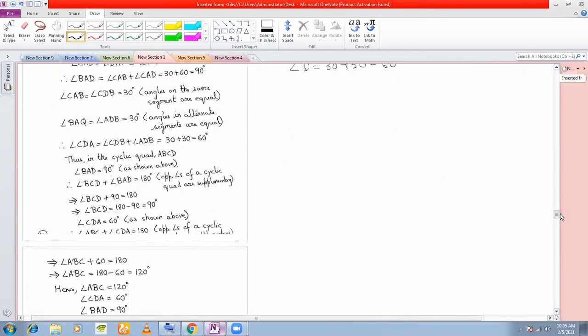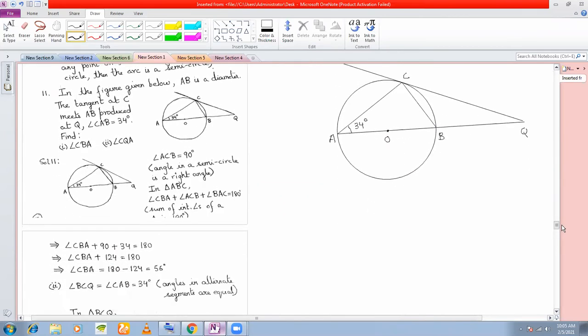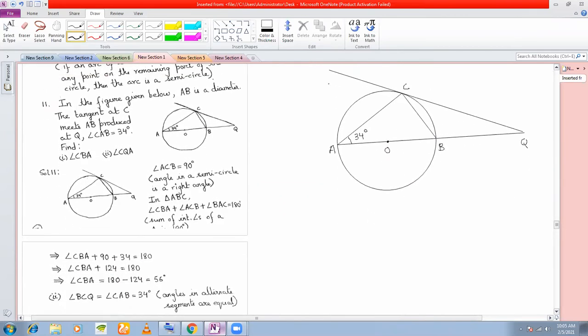Let's move on to the next problem here. In the given figure, AB is a diameter. The tangent at C meets AB produced. This line AB is given to be the diameter. It passes through the center O of the circle.